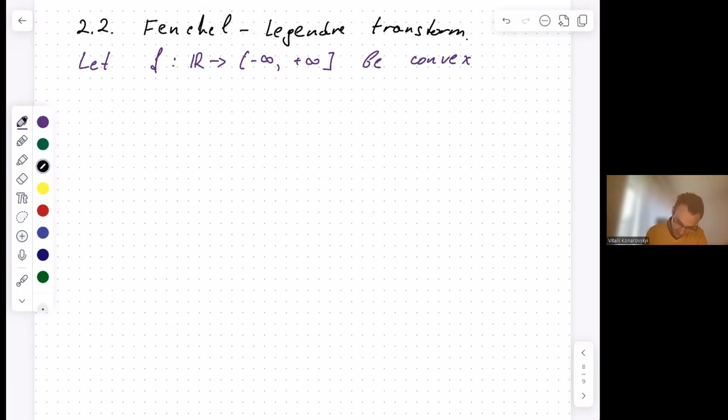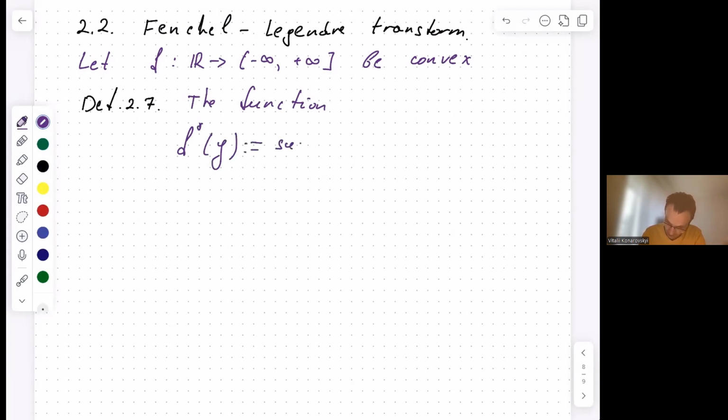Then the function f star of y is given by the supremum over x from R. Here I changed the notation a little bit, but I hope it's clear what we do.